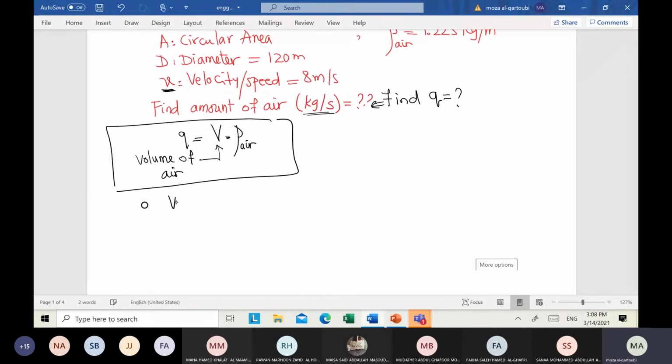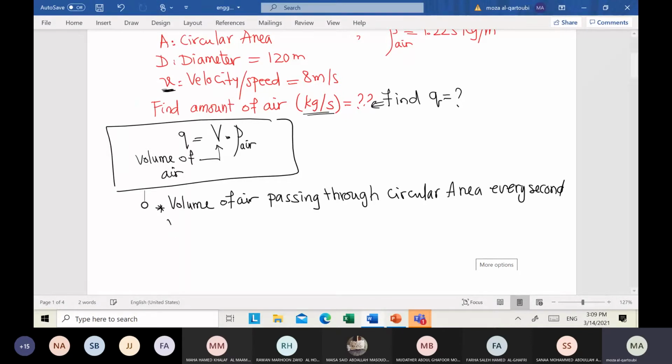So the volume of air passing through the given circular area every second will be area times velocity.